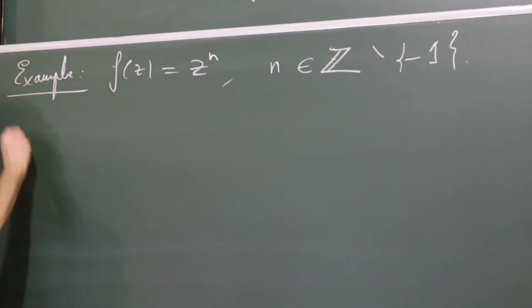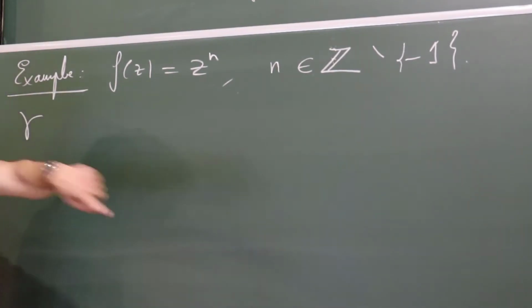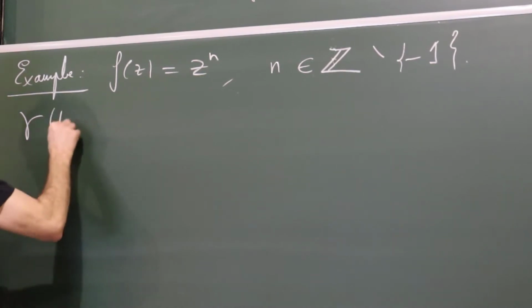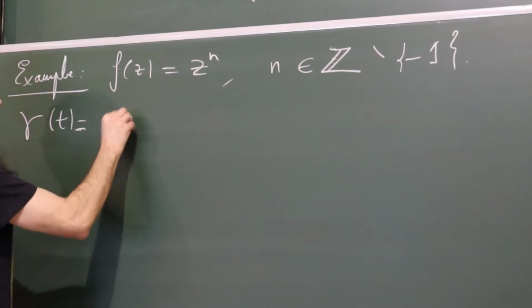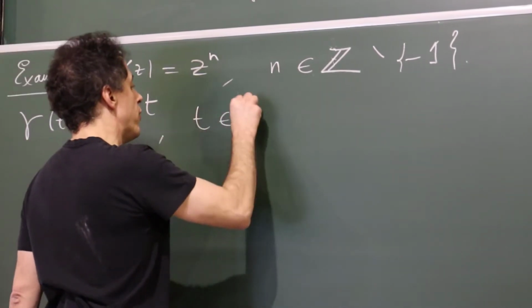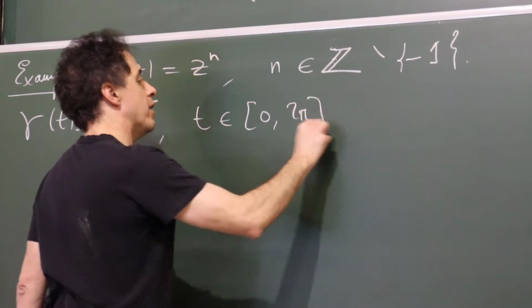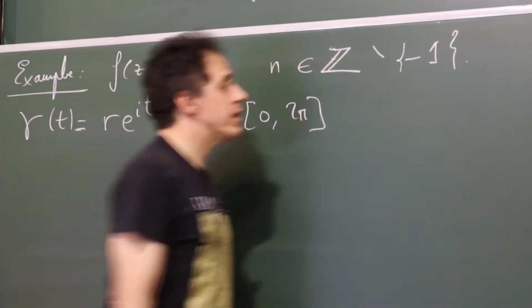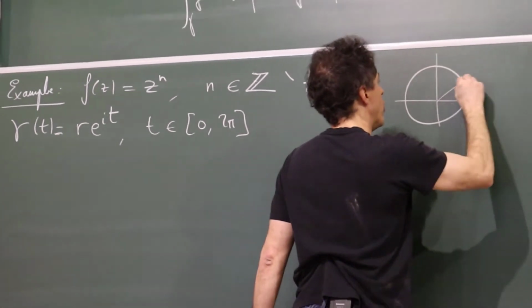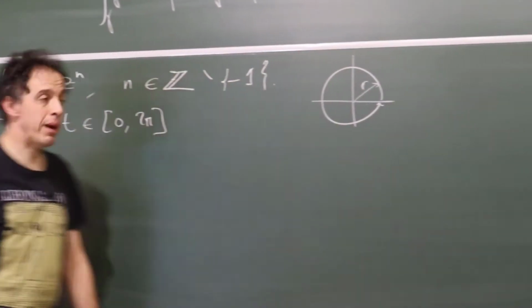Okay, and take gamma as a path, let's say a circle around the origin. So for instance, gamma of t must be r exponential of it, where t goes from 0 to 2 pi. So this is a loop here of radius r. Okay?